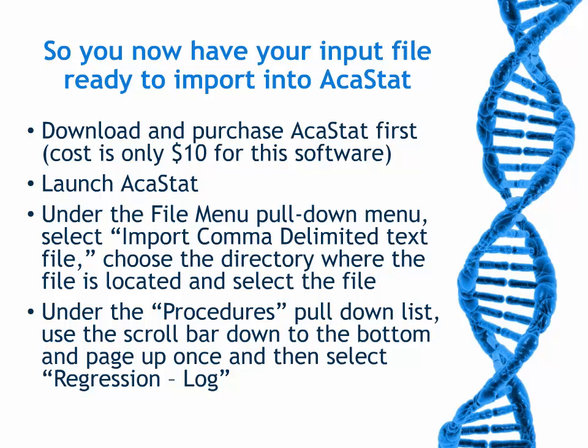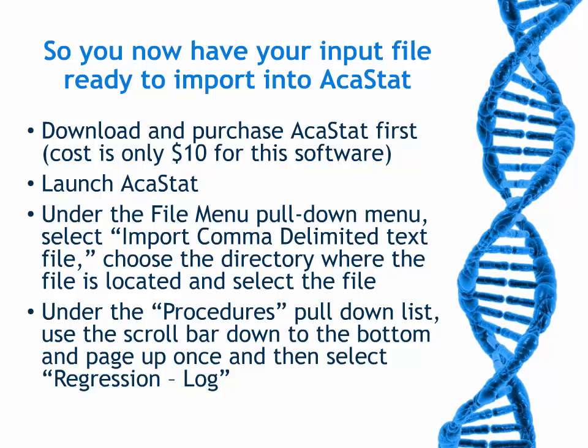Under the procedures pull down menu, you have to use the scroll bar and pull all the way down to the bottom and then do a page up once, and then you'll find the term regression log. That means logistic regression, or sometimes called binary logistic regression.